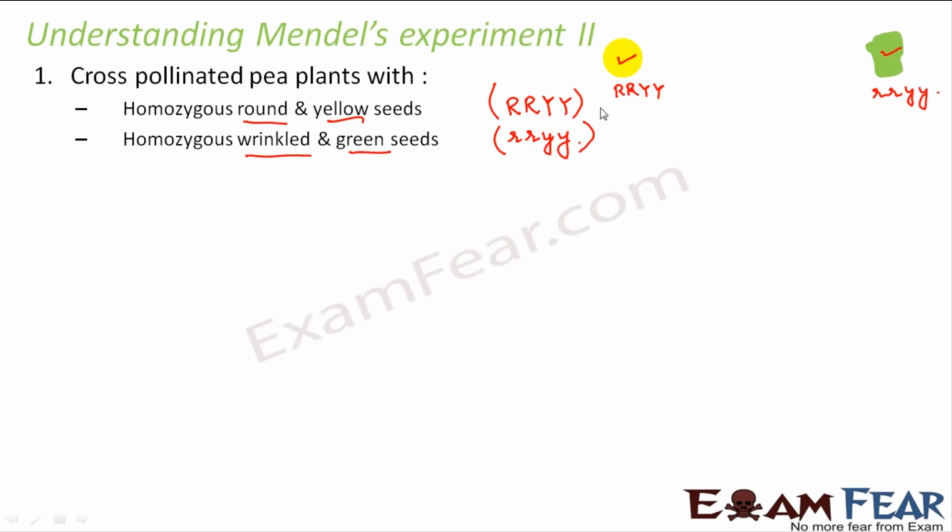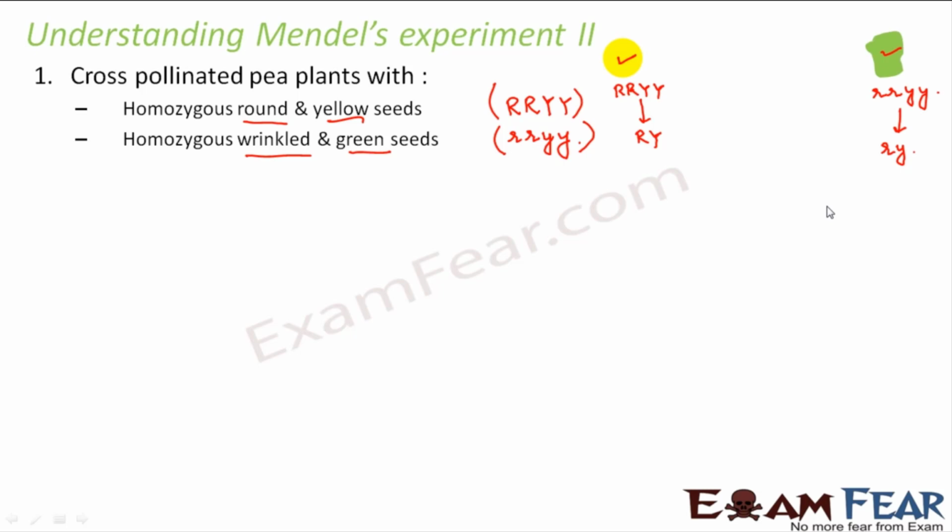Because in this case, one allele should have one member of each character. What are the alleles present here? RY. Similarly, what is the allele present here? RY. You understand what an allele is, right? In the previous case, each T was an allele because each T denoted one member of a type of character. But here there are two types of character, color as well as shape. So an allele has to carry one member of each character. So these are the alleles.